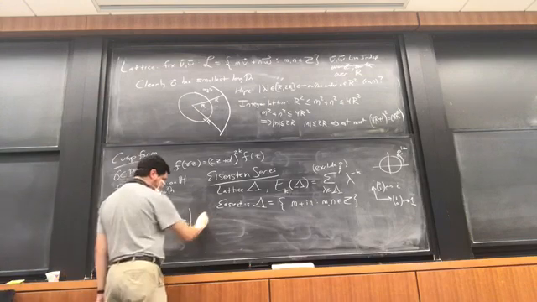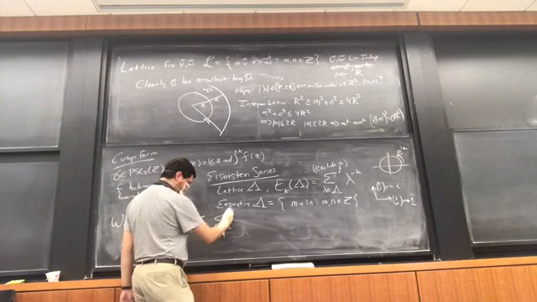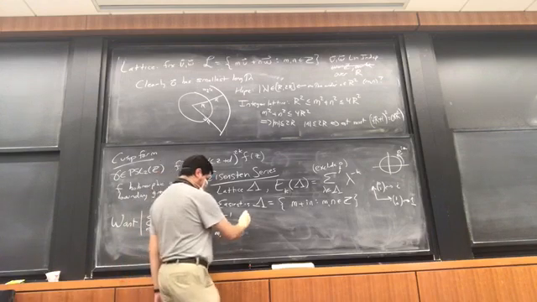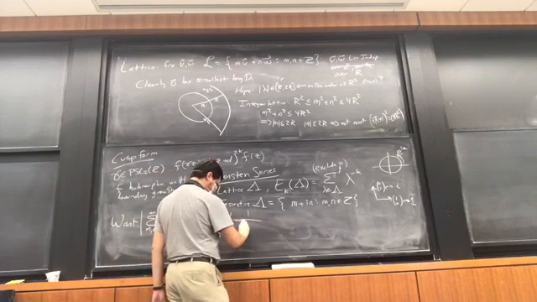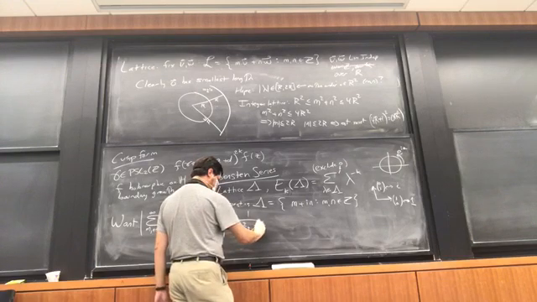If we take absolute values, this is less than or equal to the sum of 1 over (m squared plus n squared) to the k.